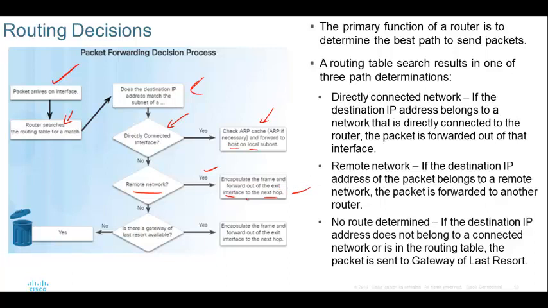If there is no route in the routing table, check whether any default gateway is configured. Use the default gateway and send it via that exit interface. If none of this is seen, then the router cannot route the packet. Just put the packet into the garbage.